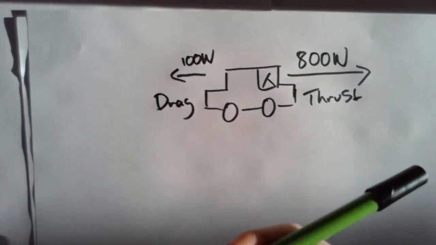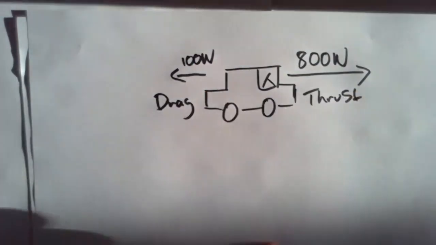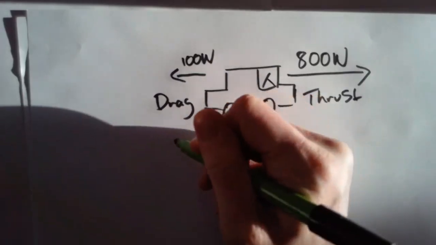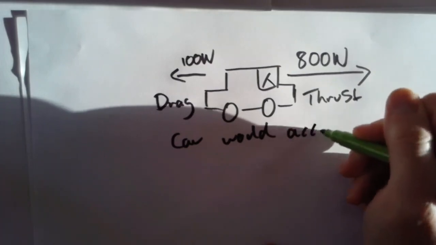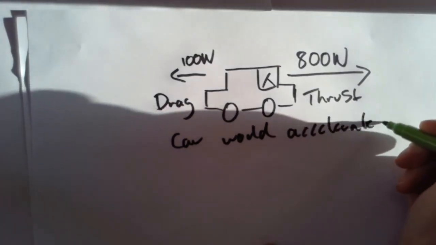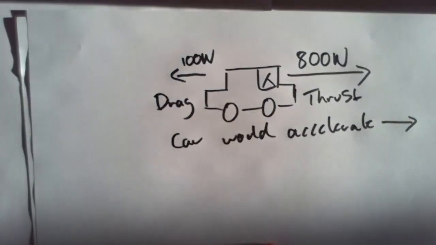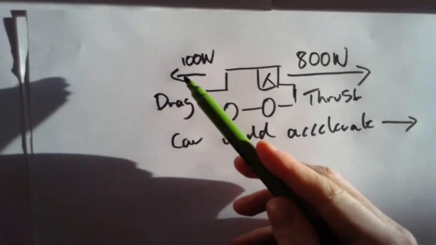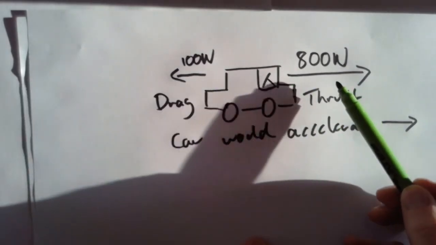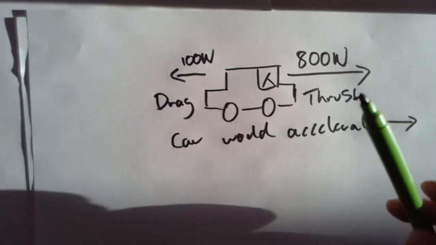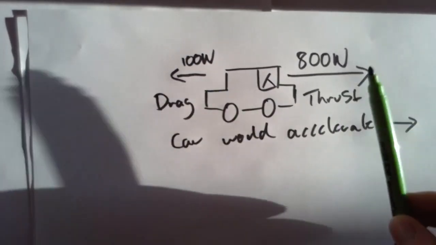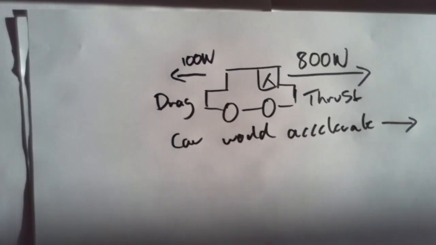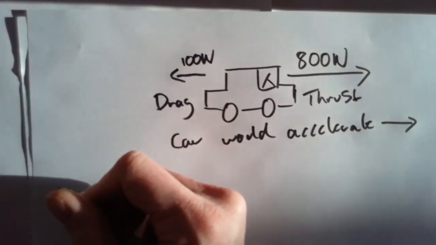The fact that this force is bigger than this force means that my car would accelerate in this direction. The size of the arrows tells you which force is bigger than the other. We can calculate the overall resultant force.